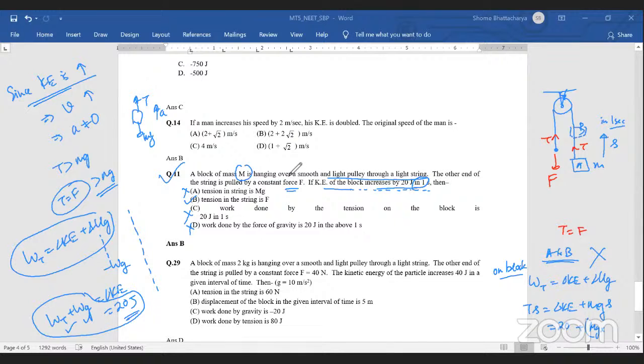But we can rule out the options by understanding that how much the work done is we can't calculate, but we know definitely it has to be less than 20 joules, because the sum of these two things is 20 joules. So each one of them cannot be 20 joules. Is it clear, Sarvesh? This was a bit of a tricky question in that sense.